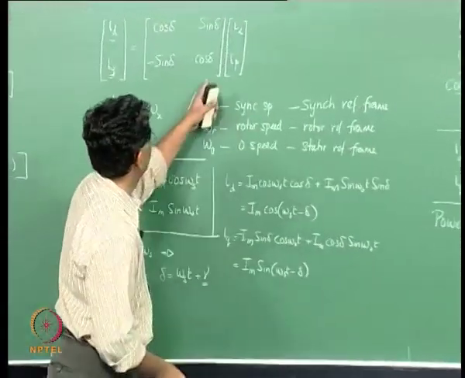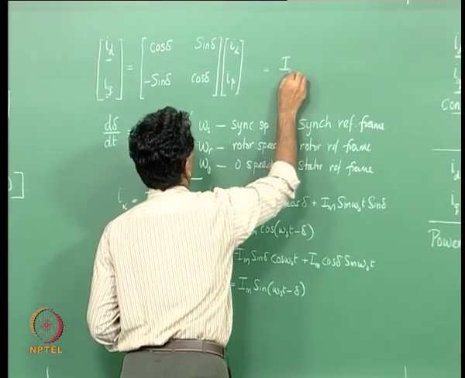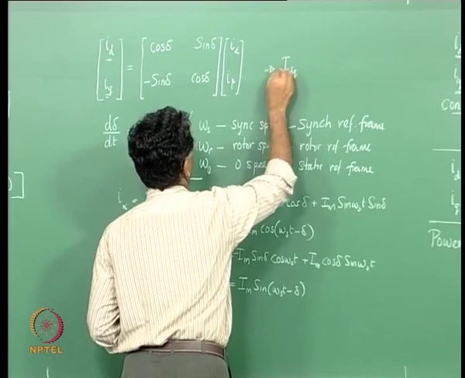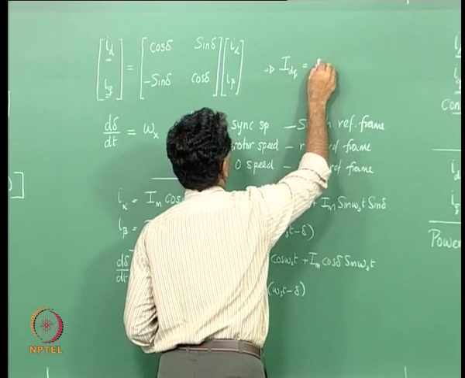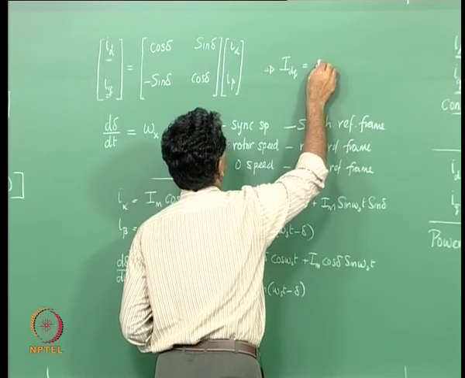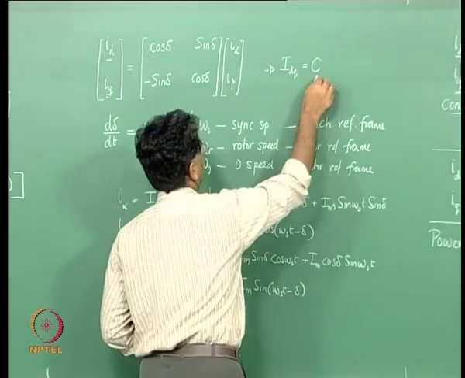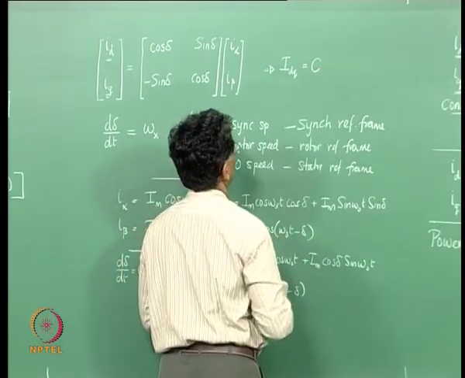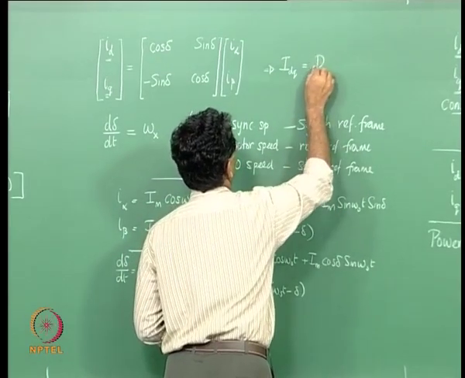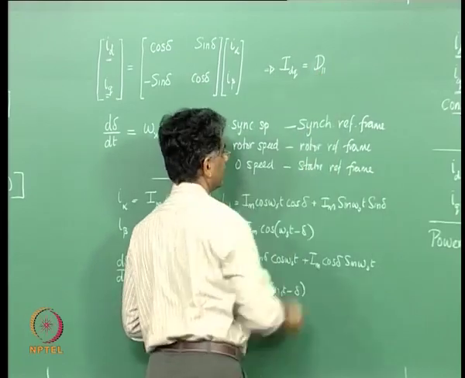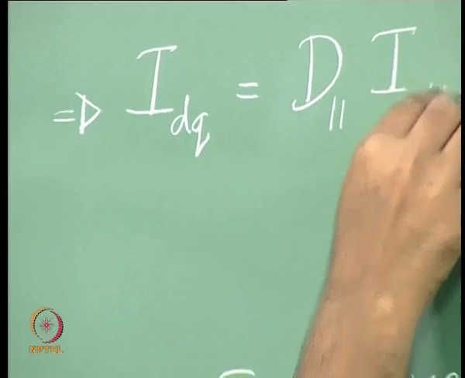What we have here is I dq equals, let us not call it C as we have been using all along, let me call it the D matrix, D11, multiplied by I alpha beta.